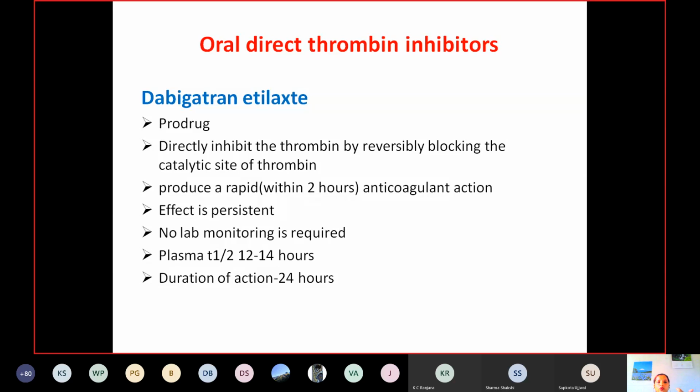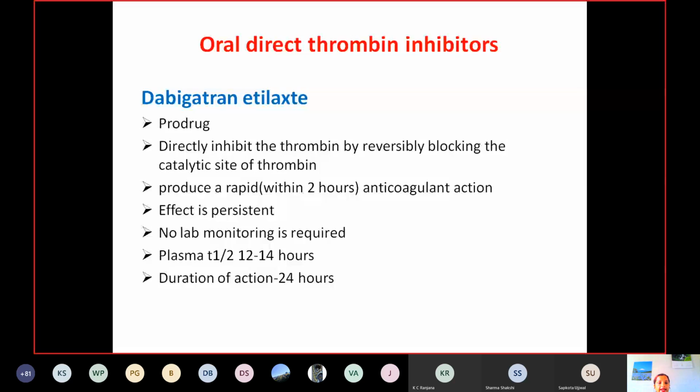But we have oral direct thrombin inhibitors as well. Under this, we have dabigatran etexilate. This is a prodrug. Prodrug means after entering the body, it will be converted into another form. Initially it is dabigatran etexilate, so after absorption and metabolism, it is converted into dabigatran, which is the active form.